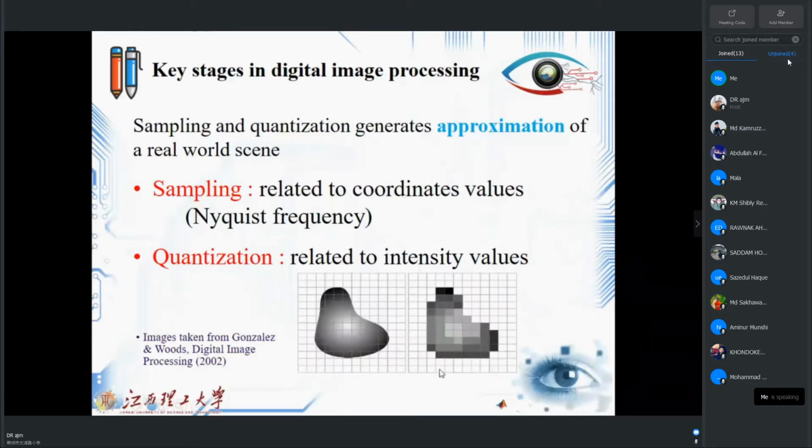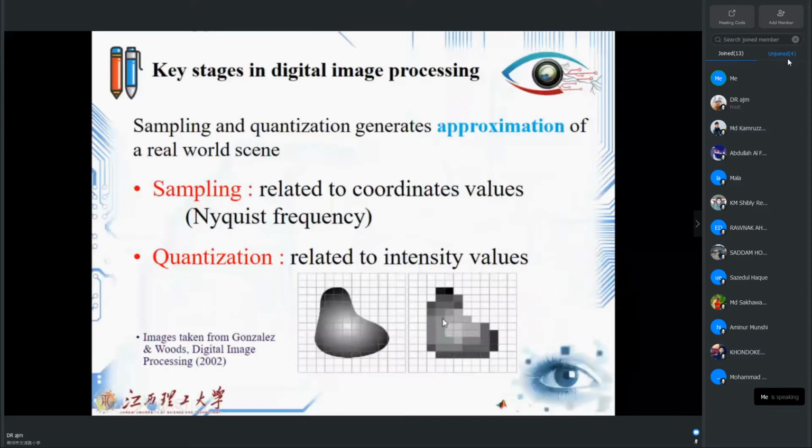See here, these two figures that I show. This is the main figure or main object, and the other one is the digital form. You see that some parts are not really clear, but it's very similar to the real figure, with the idea of matrixing, with the idea of columns and rows for the image.